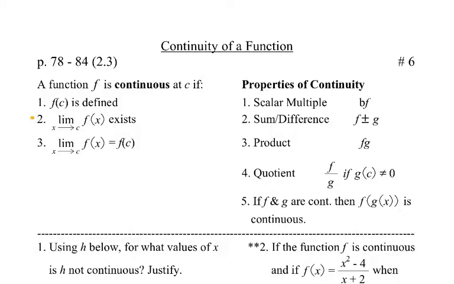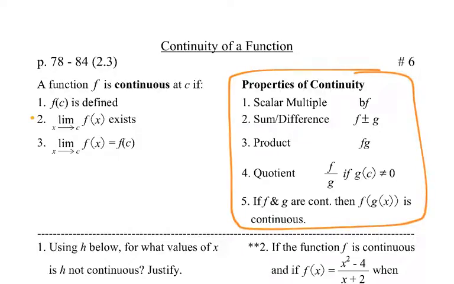Once you have a good sense of that, basically on this right side are the properties of continuity. If you have a function that's continuous, like x squared, and you multiply it by some number, let's say 5, then the result is still going to be continuous. That's what the first rule says: you can scale any continuous function and it will still be continuous.